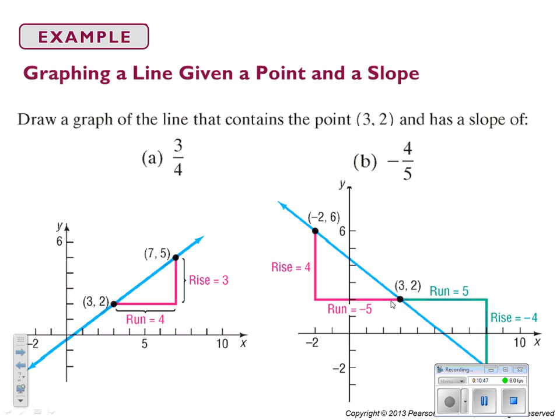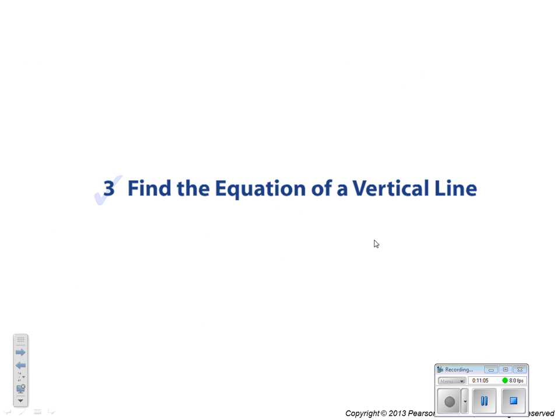So we are going to go 5 back from our coordinate and 4 up to get the other point and just draw the line through. So when you're doing this on your homework, finding the second point is going to be essential, because you know how you click on the graph and you have to get the 2 points to get the line to display.